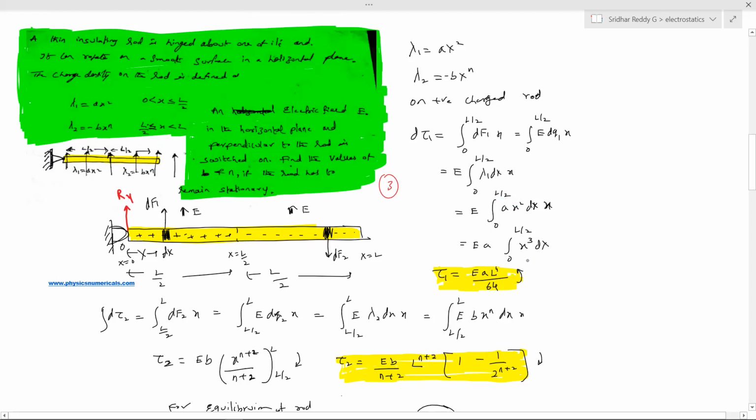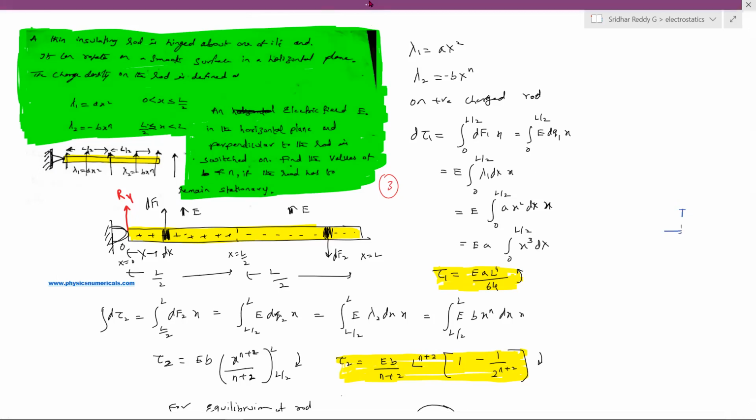How is this torque? Counterclockwise. We know the force is upward and the x is horizontal. So the torque about O should be counterclockwise. This is R bar, this is F bar. How should the torque be? Torque should be counterclockwise.